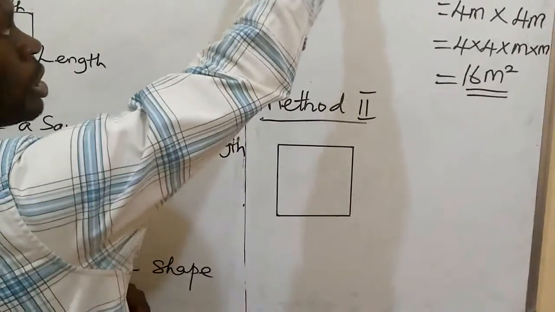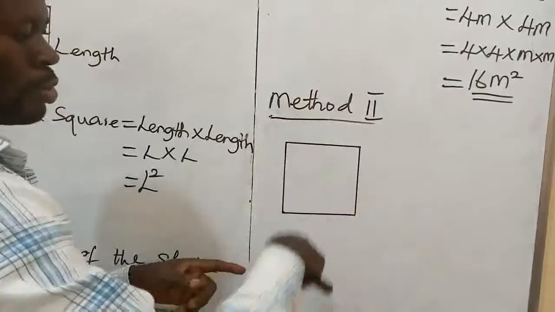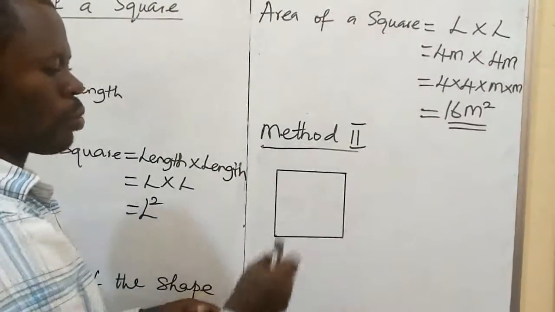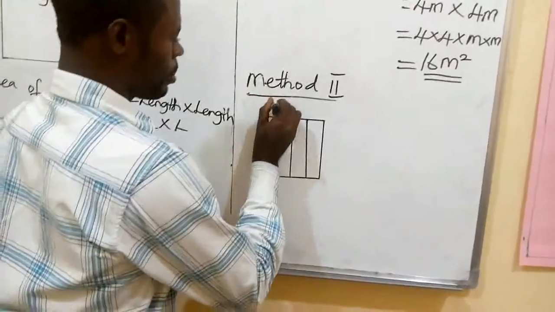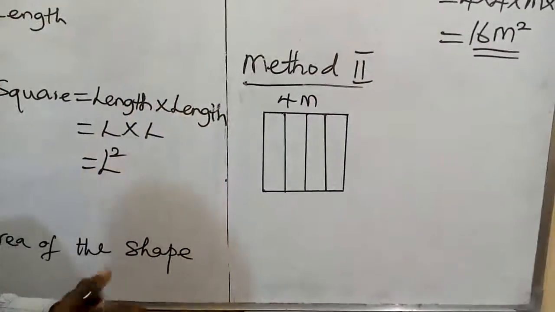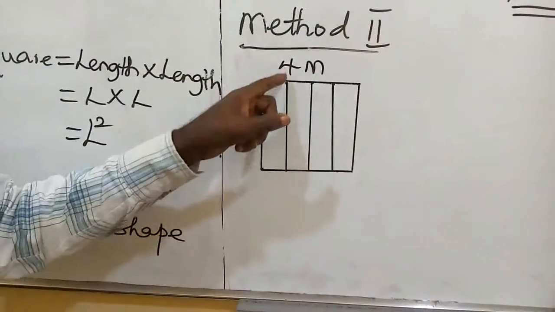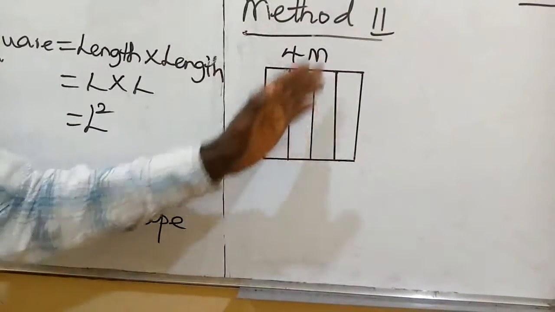We draw vertical lines, dividing the shape into 4 equal parts, because this side has been given to be 4 meters.